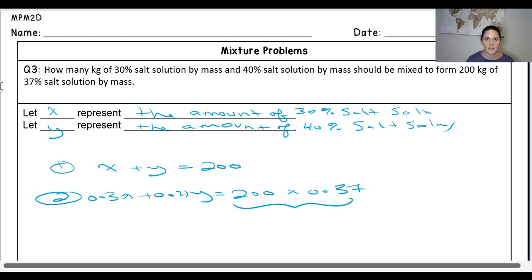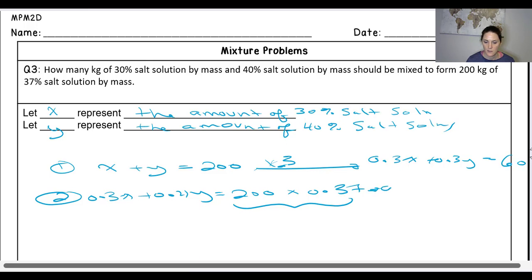Again, we're going to go ahead and make that calculation. And at the same time, we're going to multiply the first equation by 0.3. So 0.3x plus 0.3y equals 200 times 0.3 is 60.